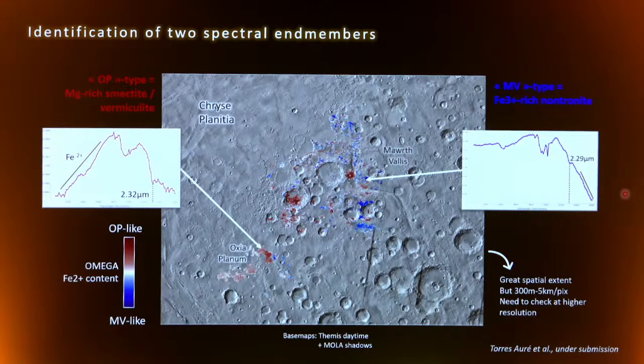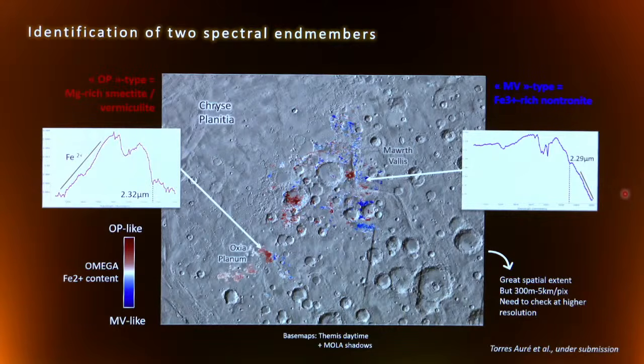Okay, so I wanted to take some time to discuss the implications of these results for Noachian Mars. So one of the interesting results with this mapping of spectral and textures is that we can do a plot with the elevations at which we find OP-type signatures or MV-type and the paleosurface texture.